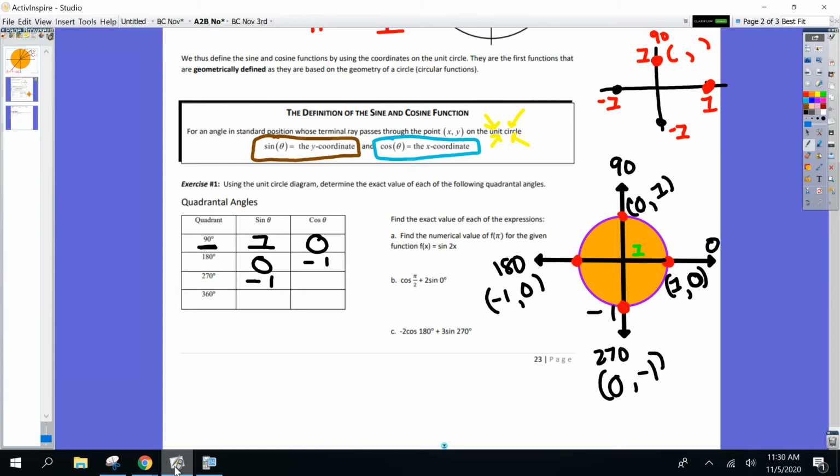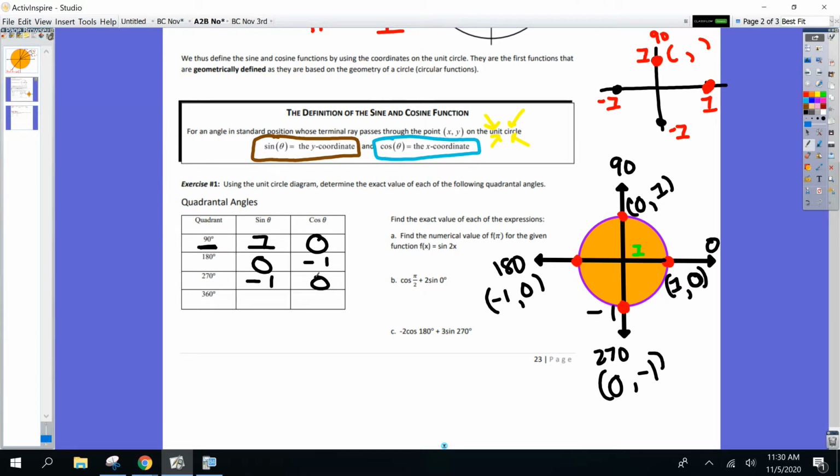Zero. Done, x coordinate. All right, hey guys, 360? I don't have 360 on my diagram, but I could use what instead? I don't have 360, but it's the same spot as 0. 0 and 360, same spot.